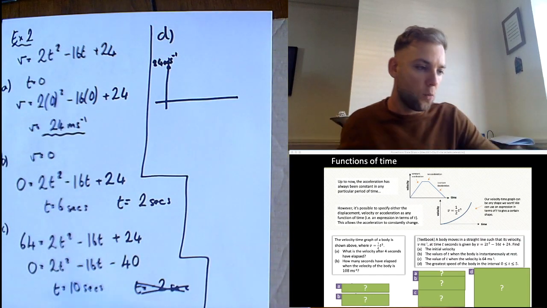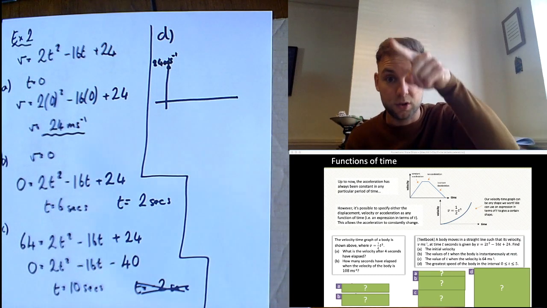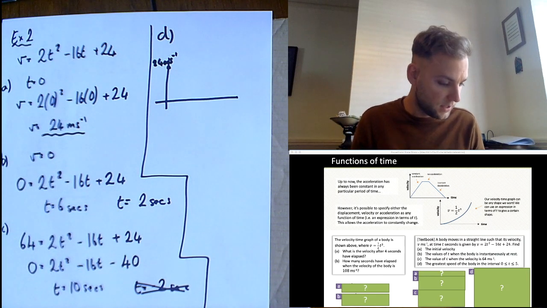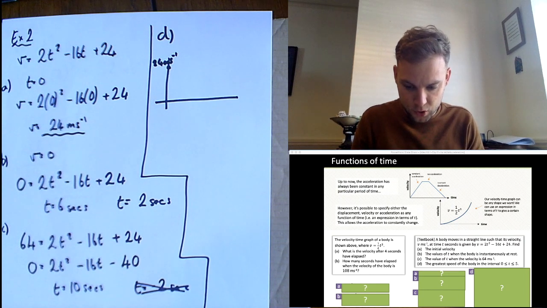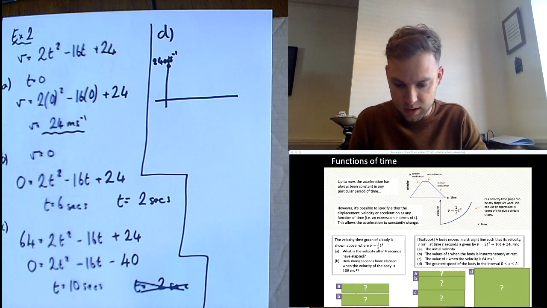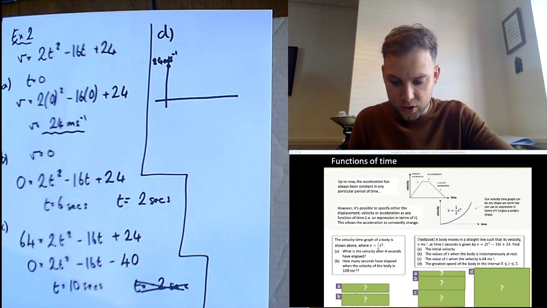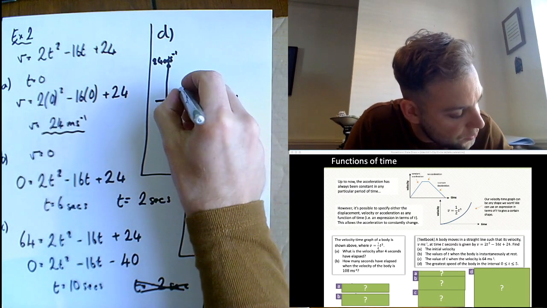But we need to know what this graph's going to look like. Well, we know it's a quadratic, and a positive quadratic, so it's going to be a U shape like this. So when I sketch this in, it's going to be 2, minus 16, and positive 24. So we get crossing values at 2 and 6. I know that it's crossing here at 2.